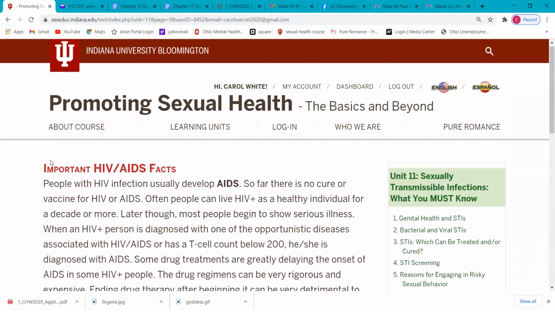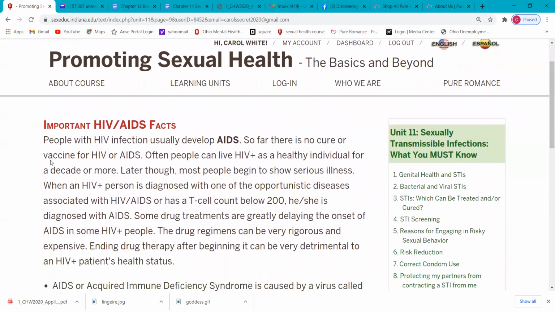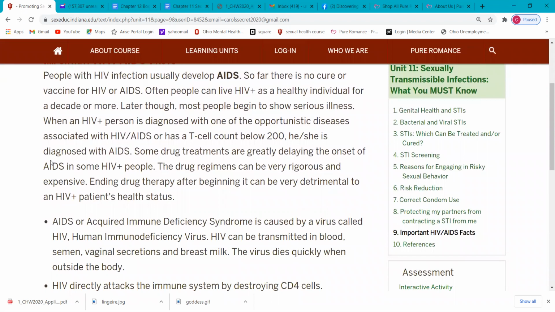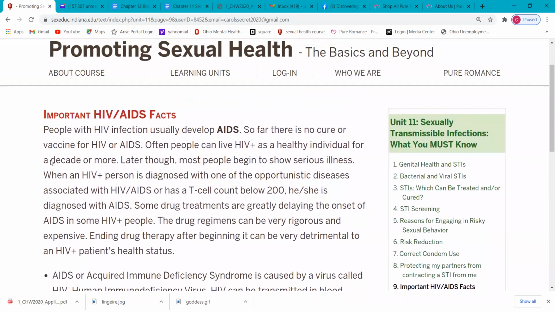All right, people with HIV infection usually develop AIDS, and so far there is no cure or vaccine for HIV or AIDS. Often people can live HIV positive as healthy individuals for a decade or more. Later, though, most people begin to show serious illness. When an HIV positive person is diagnosed with one of the opportunistic diseases associated with their T cells being above or below a certain number, he or she is diagnosed with AIDS.